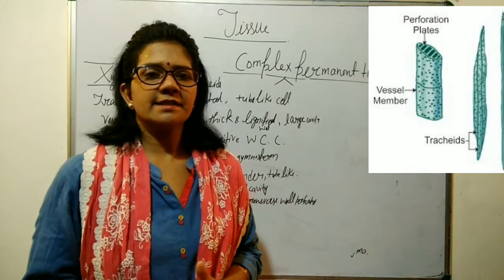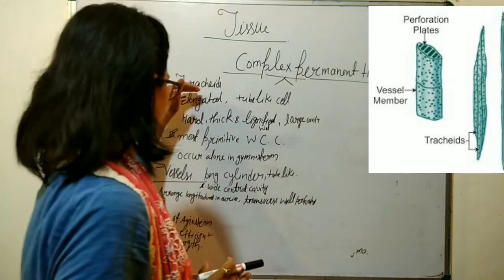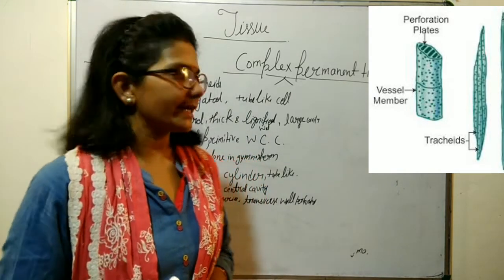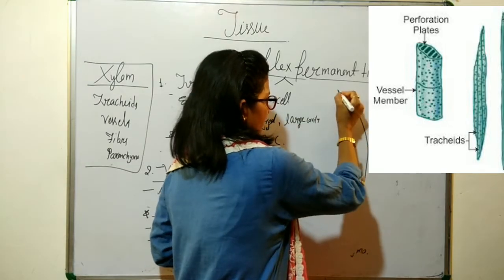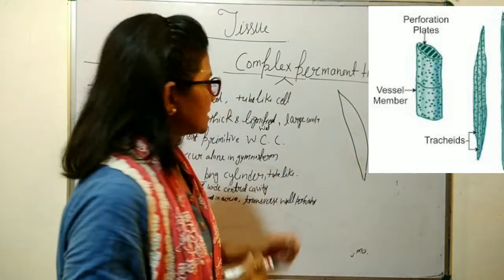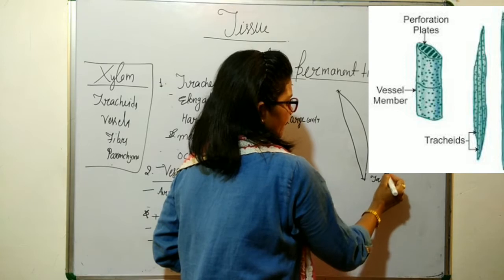To avoid wastage of time, I have written some important points related to two of them, tracheids and vessels. So let's see what a tracheid is. The structure of a tracheid cell is something like this. It is an elongated cell, but the ends are tapering.